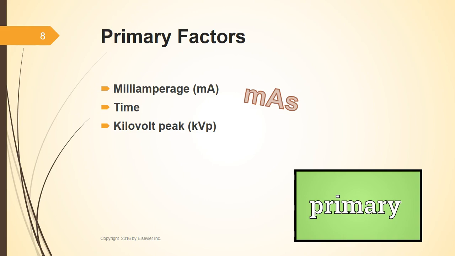Regardless, it's very important to understand how changing each one of these individually, or if you change all three of them, how it affects the radiation, how much exposes your patient and hits the IR and creates your image. Okay, so primary factors basically mass and KVP.